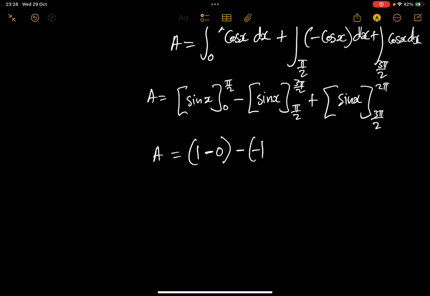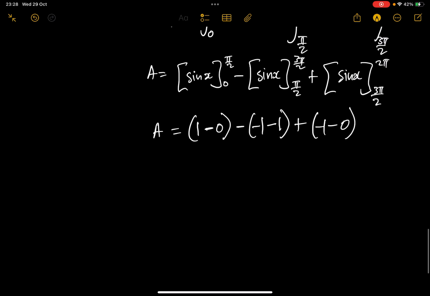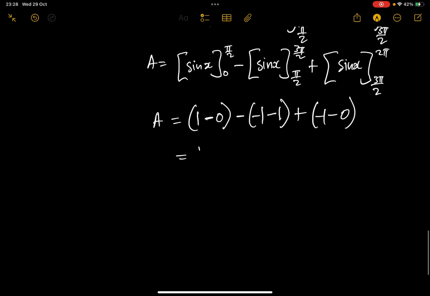So it's minus 1, and then sine pi over 2 again, which is 1, so minus 1, and then plus sine 3 pi over 2, which is minus 1, minus sine pi over 2 is 0. So this is going to be 1 minus minus, it's minus 2.